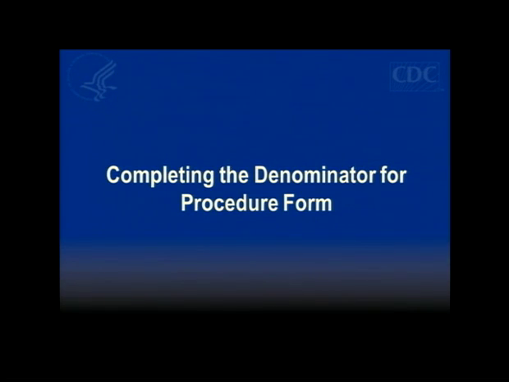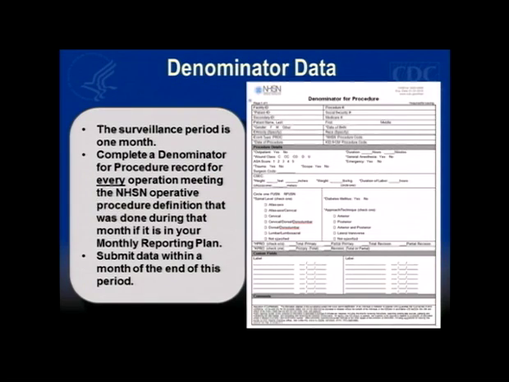All right, so let's go through the form and talk about each of the data elements. So the form is just shown here, and this is the one that we'll be using for 2013. So it looks slightly different than the current one.